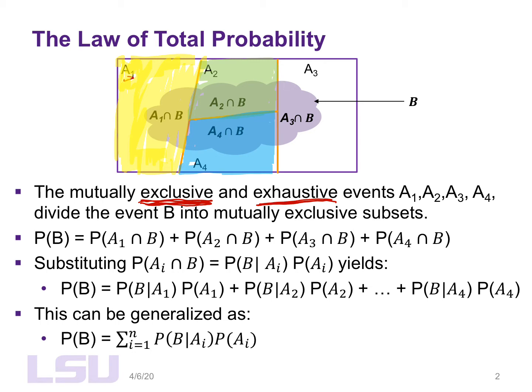And the last, I just leave it as white. So that's the fact that it is exclusive. How about it being exhaustive? Let me shade the last one. I've used that before. What if we use this? Even though it may not be a good color, this is A3.